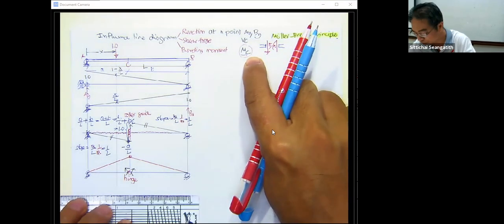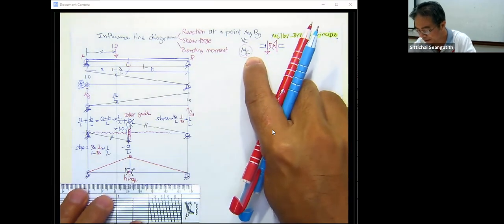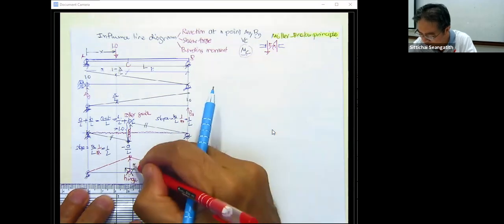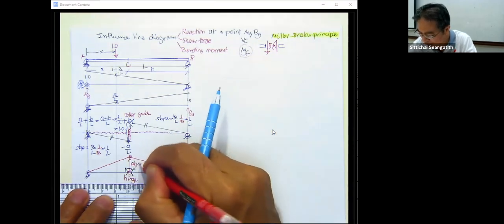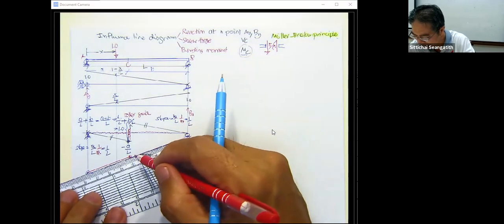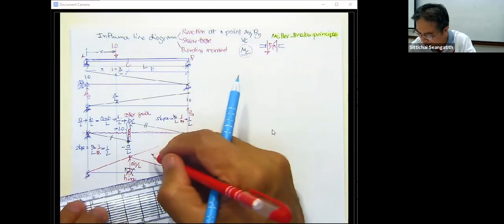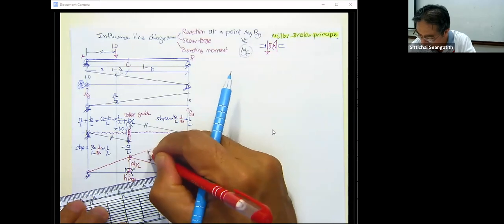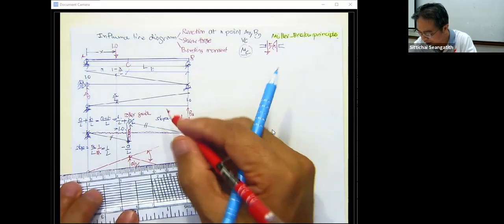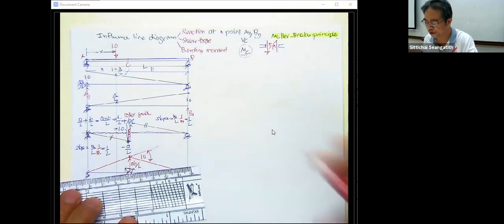And what you get is the length from here to here, which is going to be AB over L. What we have is the relative slope from these two sides, which is going to be 1.0.